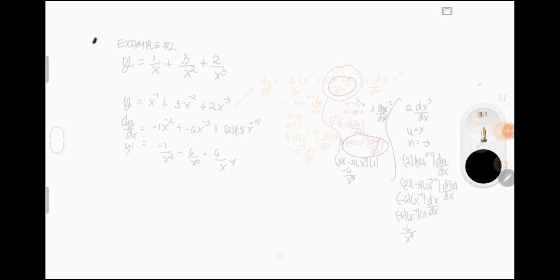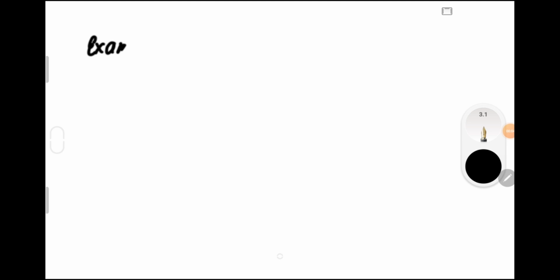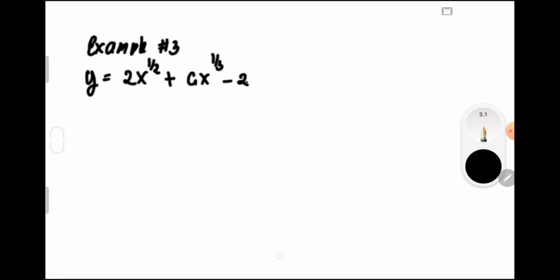So let's have our example number 3. So we have y is equal to 2x raised to 1 half plus 6x raised to 1 third minus 2x raised to 3 halves. So let's have our dy over dx.